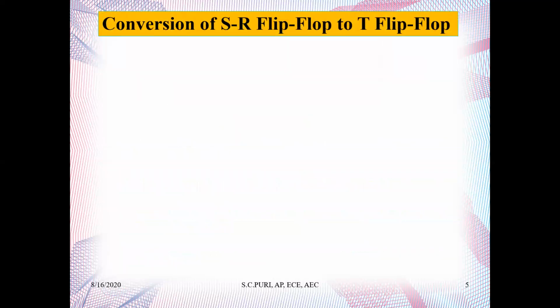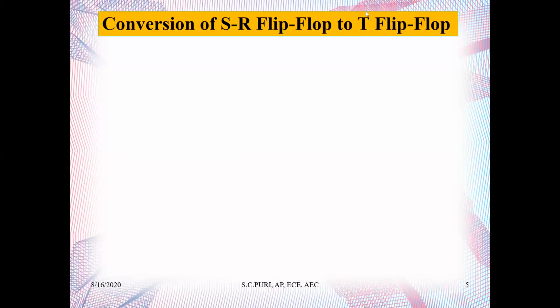So let us see the first example, that is, conversion of SR flip-flop to T flip-flop. One thing which should always be visualized in our mind whenever we are talking of conversion is which flip-flop to which flip-flop. So SR flip-flop to T flip-flop.